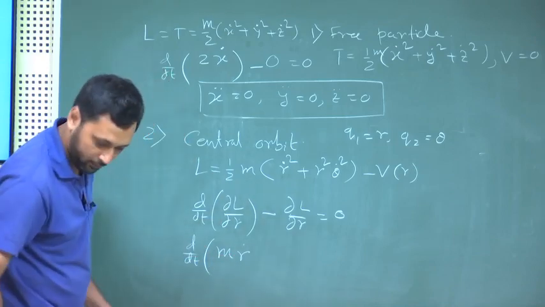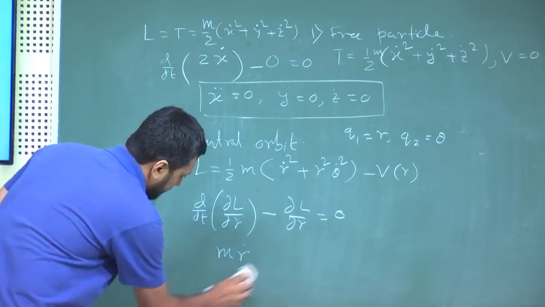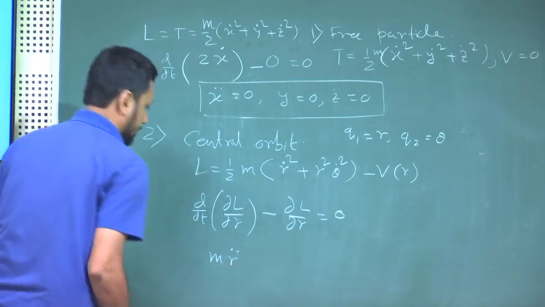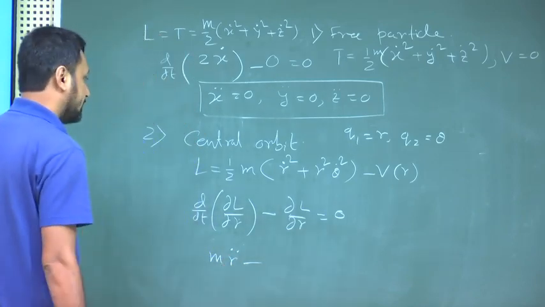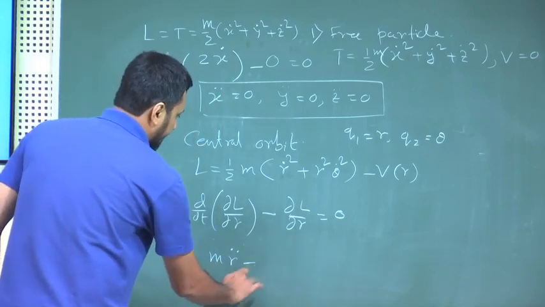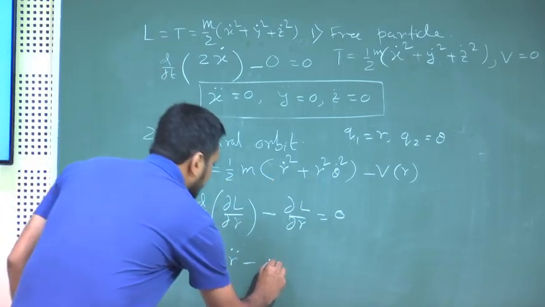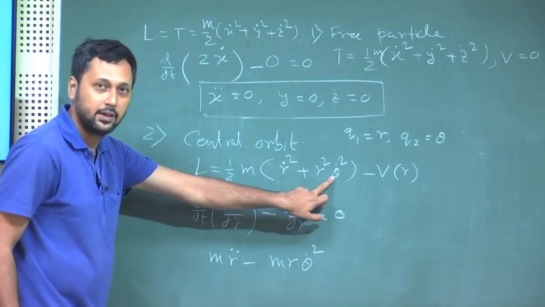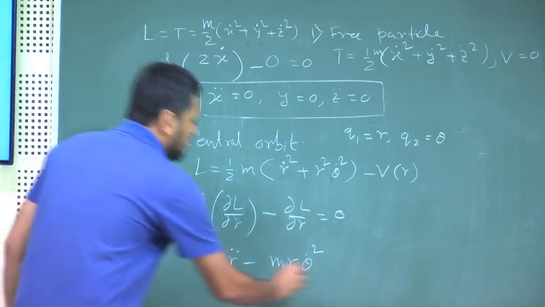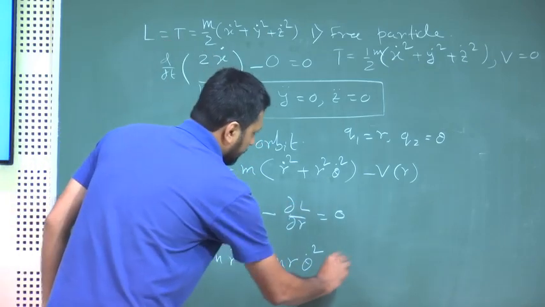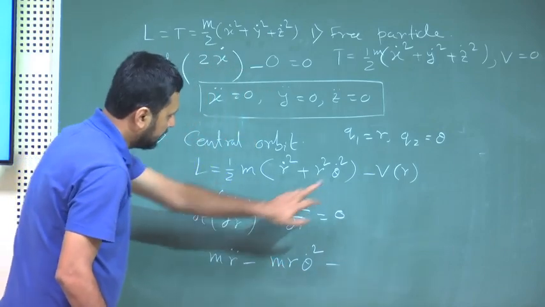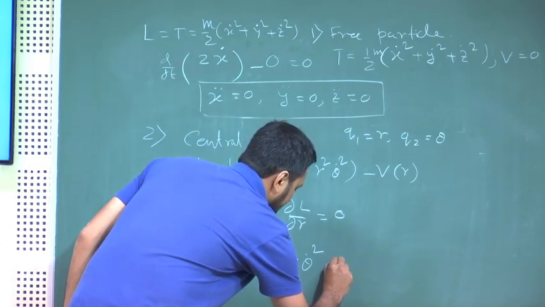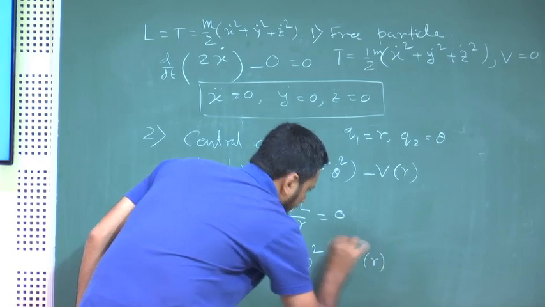I can already perform the second derivative operation, so I can write directly m r double dot, no point wasting a step for that, minus del L del r. The first term will give you m r theta dot square, it is a partial derivative so the theta dot term will be unchanged, minus dV/dr, which is nothing but your f of r.